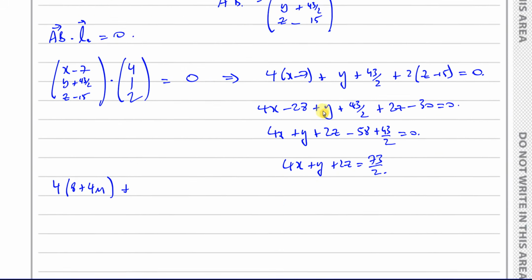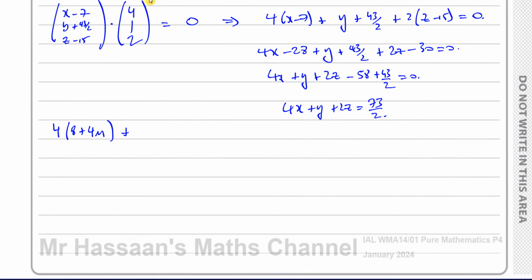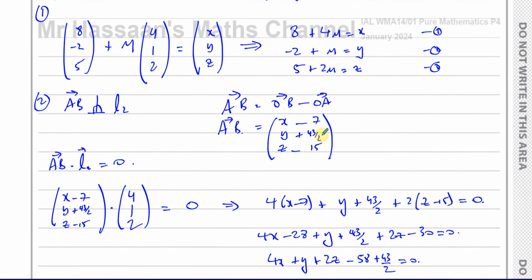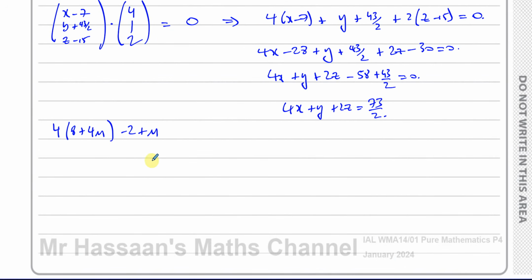Minus 2 plus mu. So we can just put minus 2 plus mu. And then we're going to have plus 2z. So we have plus 2 times 5 plus 2 mu, and that's equal to 73 over 2.